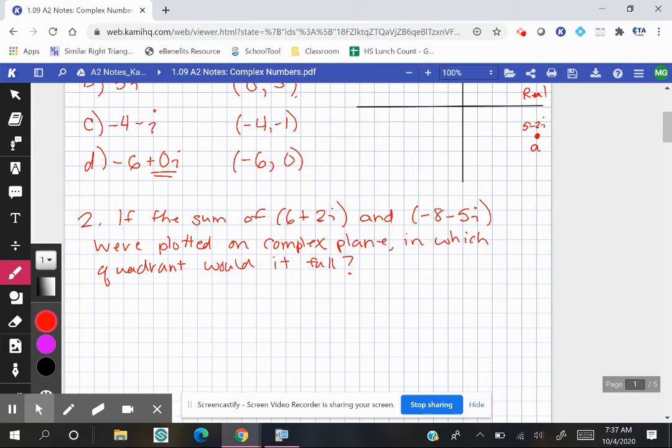So first we need to know a couple things. We need to know what sum means. Sum means add. So I'm going to take 6 plus 2i and add it to -8 minus 5i.